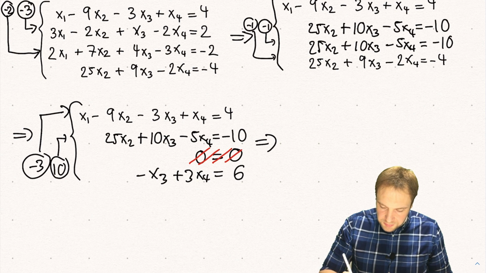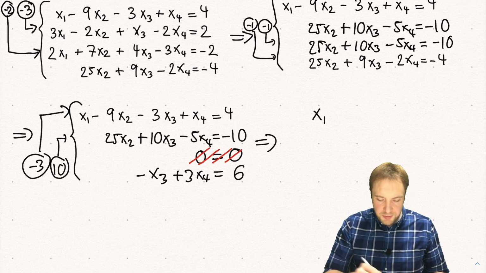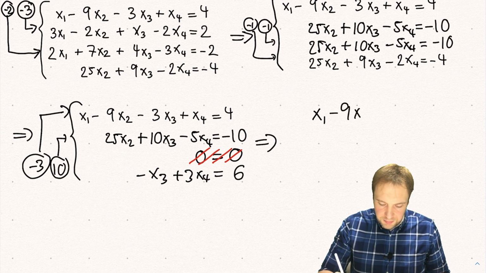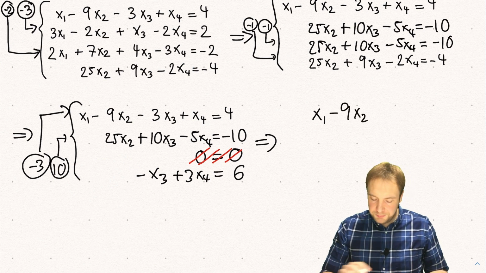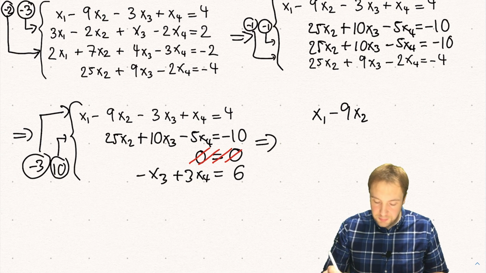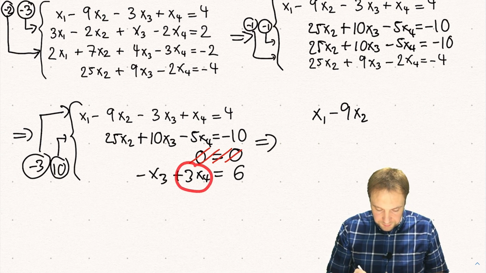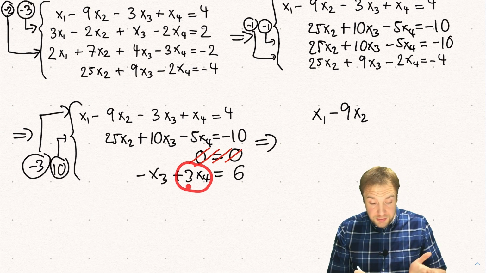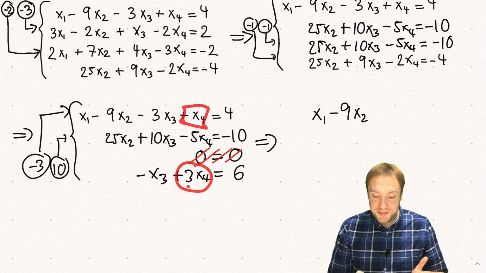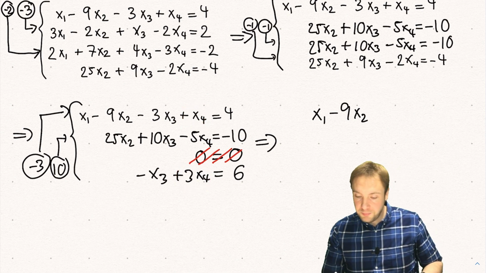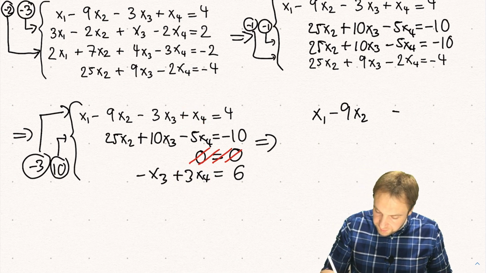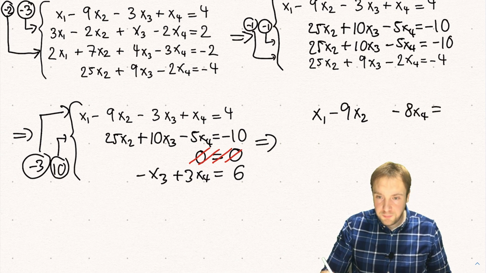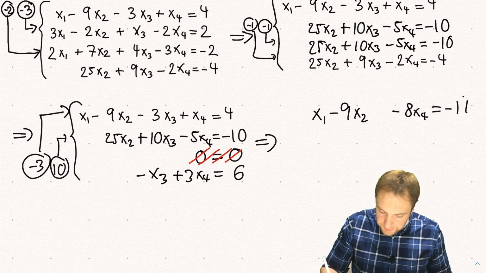And so in the beginning for x1 and x2 nothing happens, because there is no x1 and x2 here. So we have x1 minus 9 times x2, and now there's no x3 anymore, but we also take this minus 3 times 3 is minus 9. Minus 9 plus 1 is minus 8. So this is minus 8x4. And also minus 3 times 6 plus 4 is minus 14.